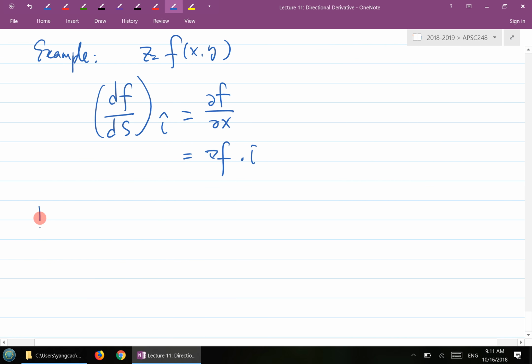Okay, so let's use the rest of the time just to look at the properties of the directional derivative.